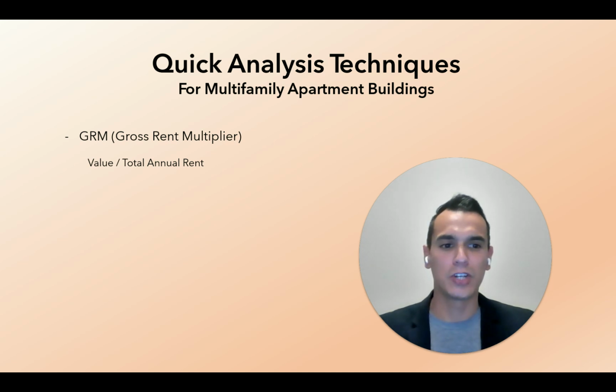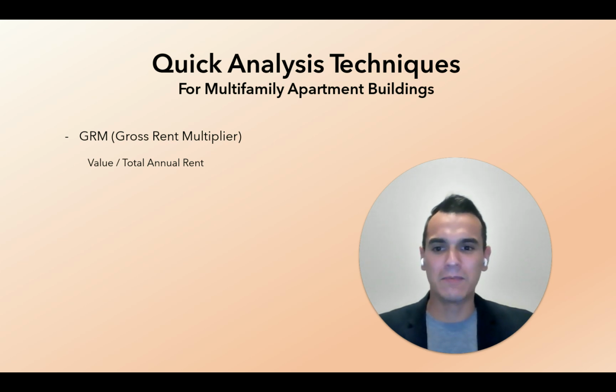So a lower GRM, maybe 4 to 7, is more favorable than if it was like 8, 9, 10, etc. But to me, it's a little arbitrary. It doesn't really mean much, but it's still a good, useful tool. You see GRM used oftentimes in listings, especially on the MLS when they're talking about smaller product. But that is GRM.